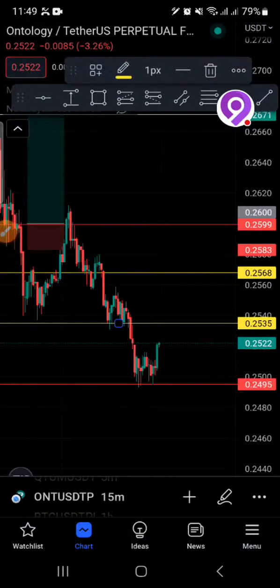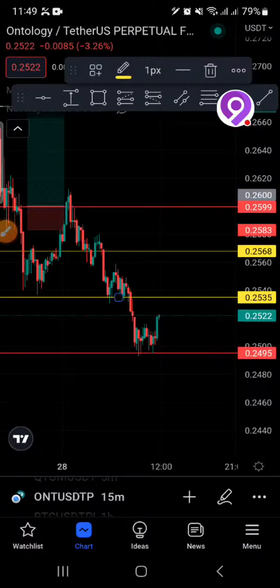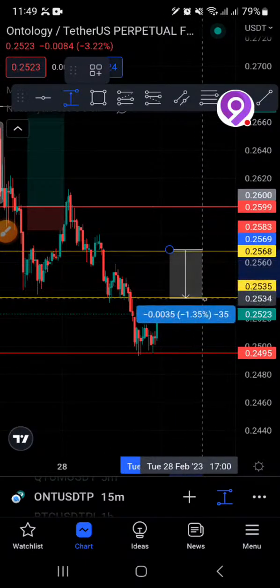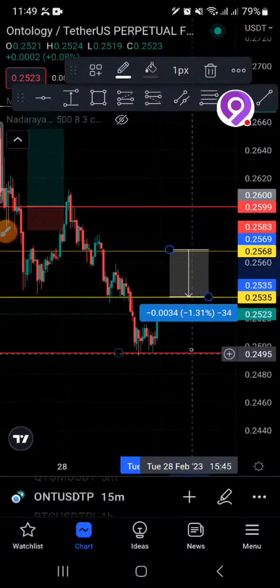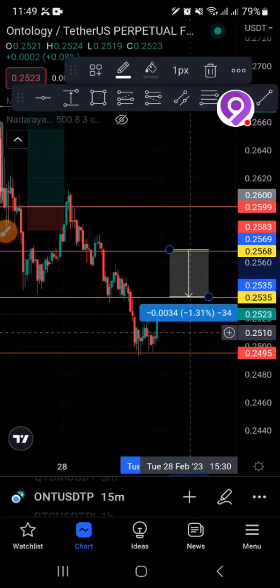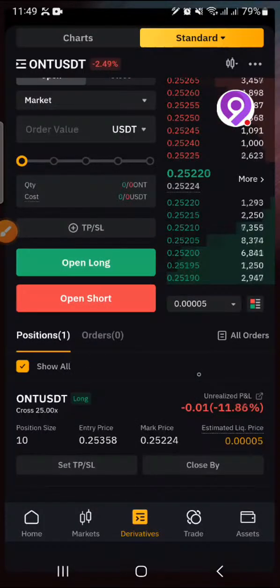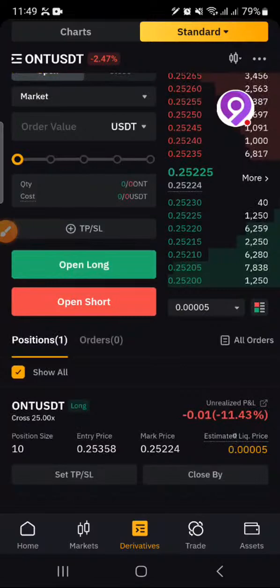It's even on that same spot. Can you see my new entry? Now I've been able to move at least 1.3%. Can you see that? 1.3%. Okay, and currently I'm on minus 11, right? Yes, minus 10.